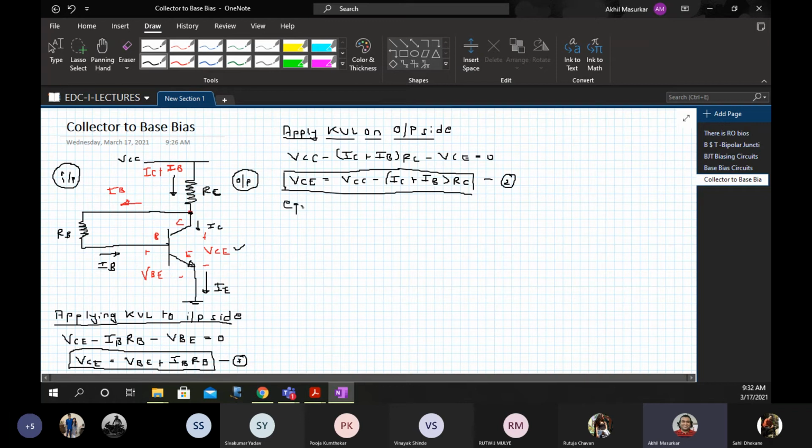So we can write, equating 1 and 2, VBE plus IB RB equal to VCC minus (IC plus IB) into RC. So you can open up these terms and take some things together.